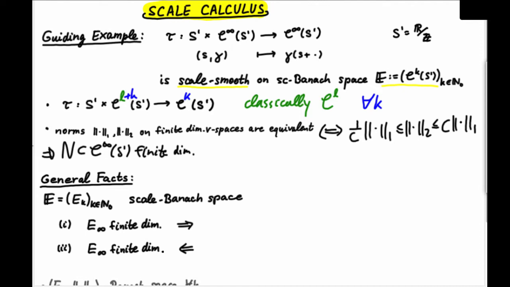And so having a shift or not doesn't matter, and I actually get C^L for all L. So if N is finite dimensional, then tau from S1 times N, I didn't say N is S1 invariant, so this map goes to the smooth functions.